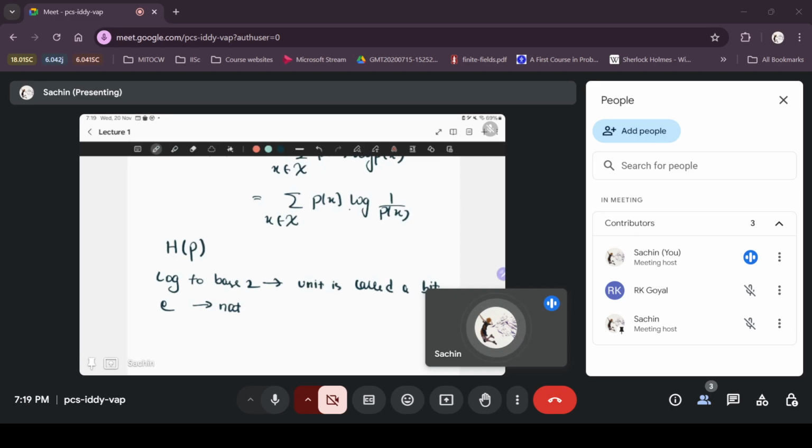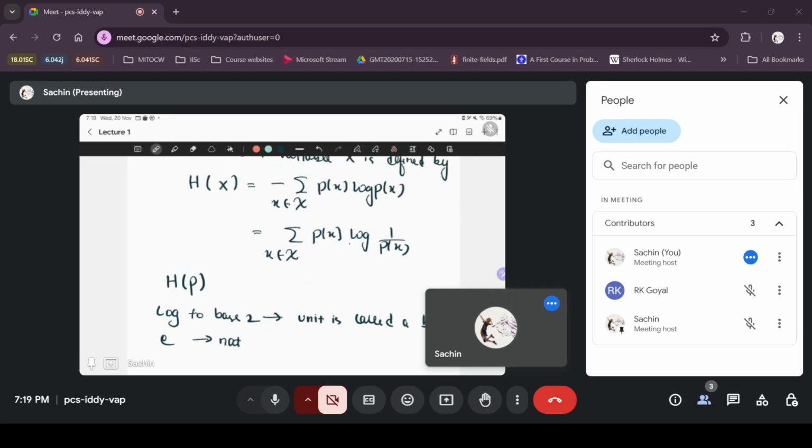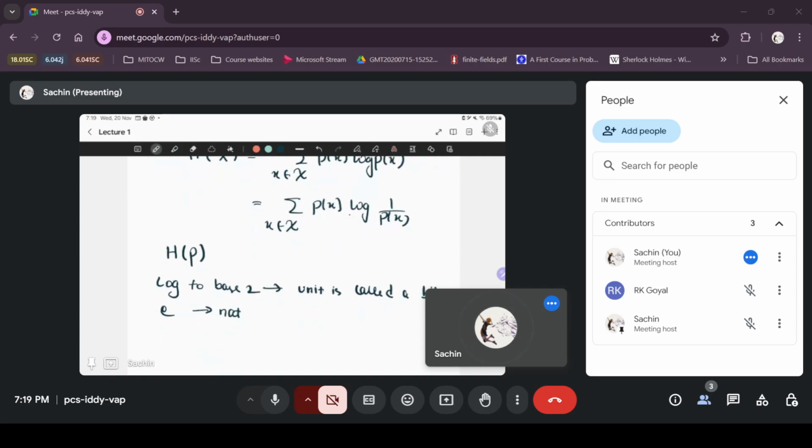Right. So for example, let's say you have a coin, and your experiment is you're tossing the coin and recording the value of the coin toss, heads or tails.